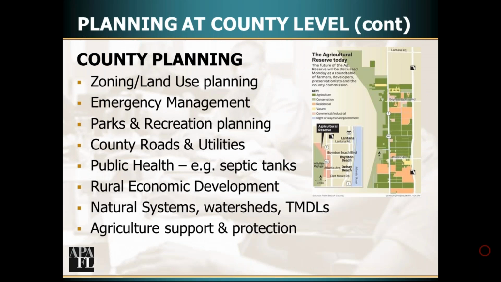County planning, the types of things they may do are zoning, land use, emergency management, parks and rec, county roads, utilities, public health, rural economic development, natural system protection, watersheds, agricultural support. This is an example of the Ag Reserve that I did the master plan on. That's just a little bit to our south. Here's Lantana Road, so you can see we're a little north of this.